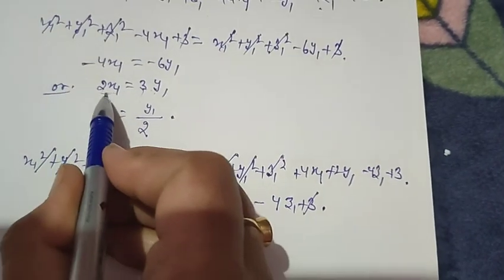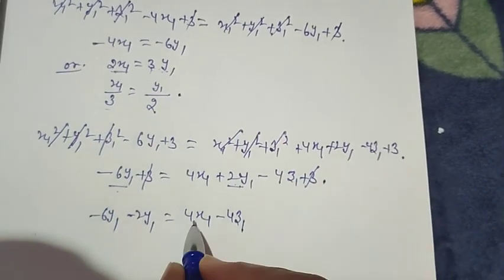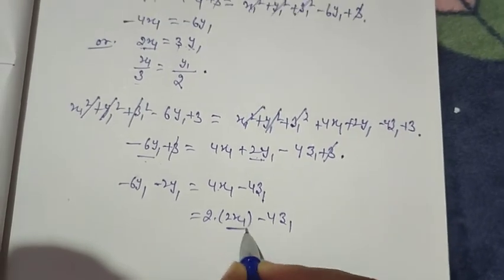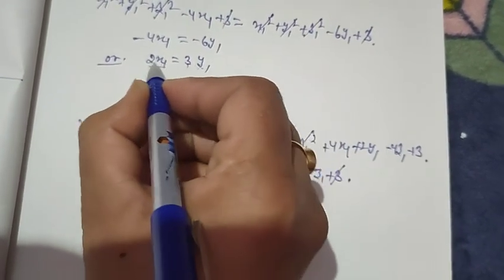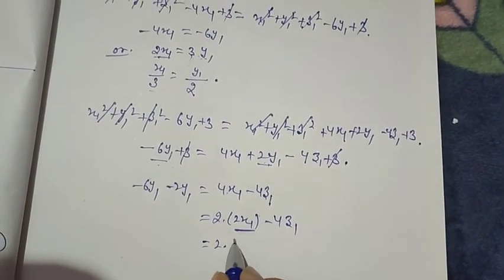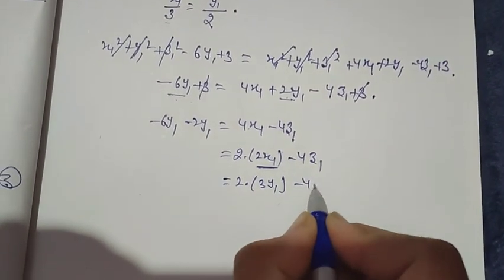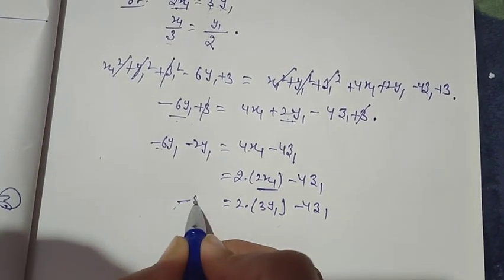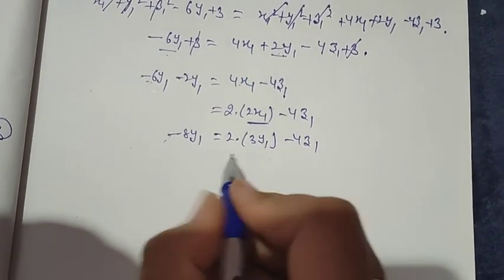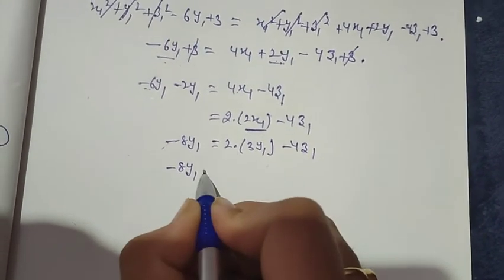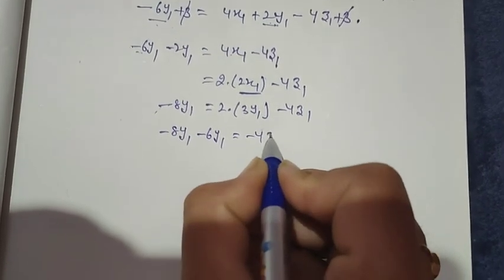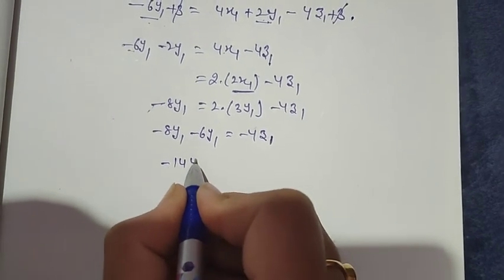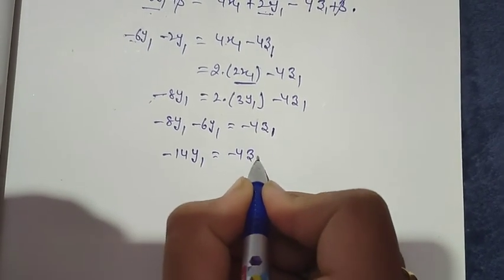Here, 2x1 is equal to 3y1 from the first two relations, so 4x1 is 2 into 3y1, minus 4z1. Here minus 6y1 minus 8y1 is equal to 6y1 minus 4z1. It becomes minus 14y1 is equal to minus 4z1.